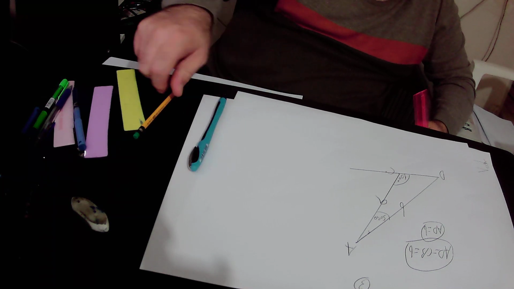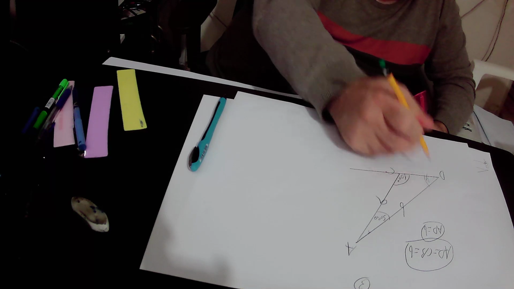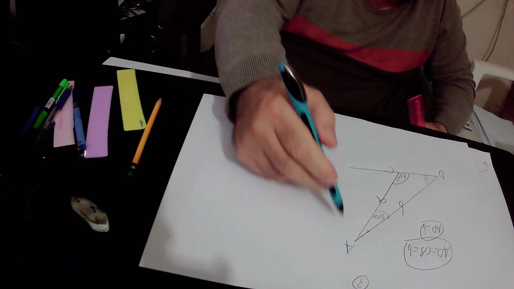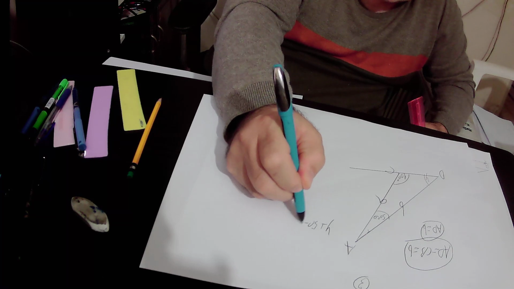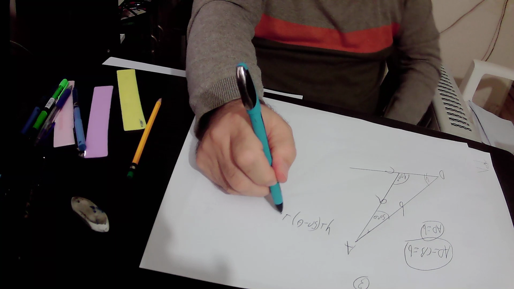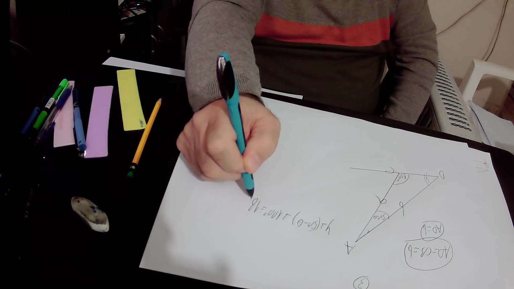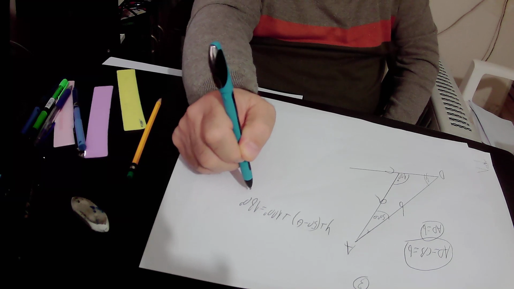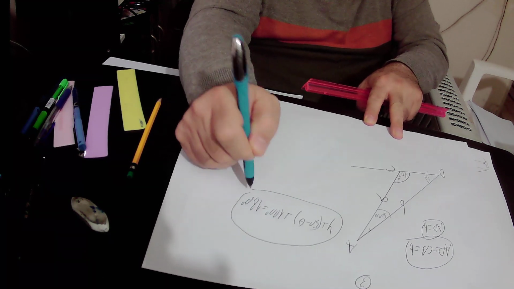So if we define this angle as angle Y, then angle Y plus 50 degrees minus theta plus 100 degrees must be equal to 180 degrees.